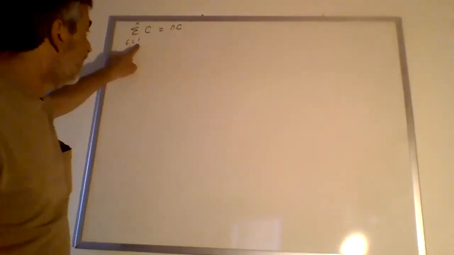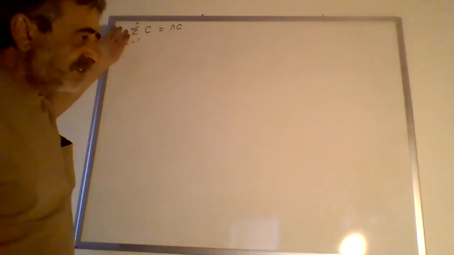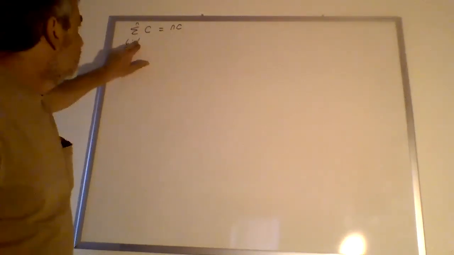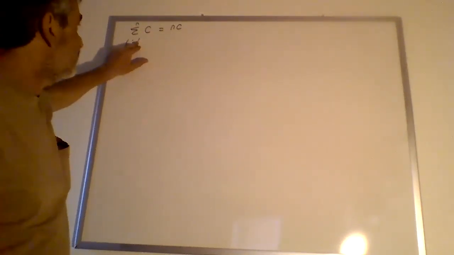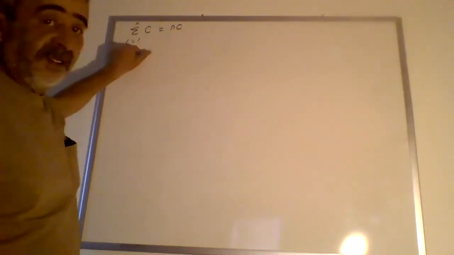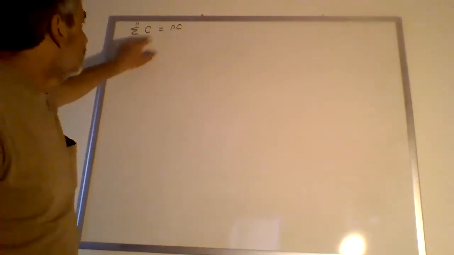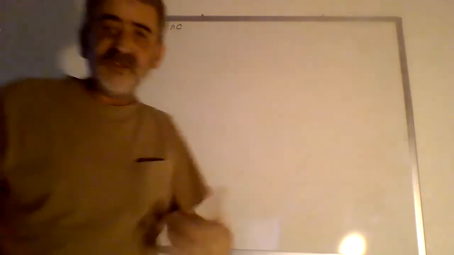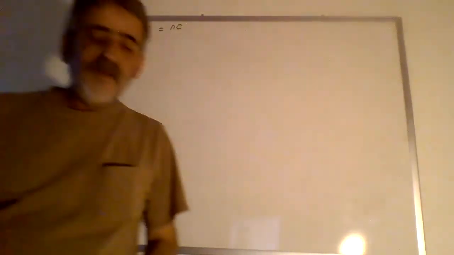So remember, if i doesn't start at 1, it's going to be whatever it starts from. So let's say it starts at 3. If it starts at 3, then we have 2 less terms. So it'll be n minus 2 times C and so on, depending on how many terms you have in each particular equation.